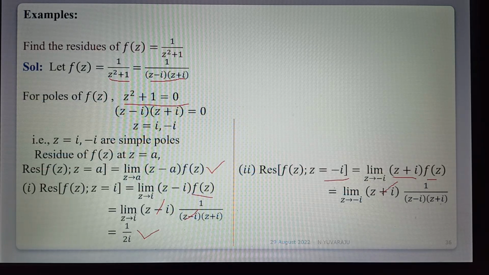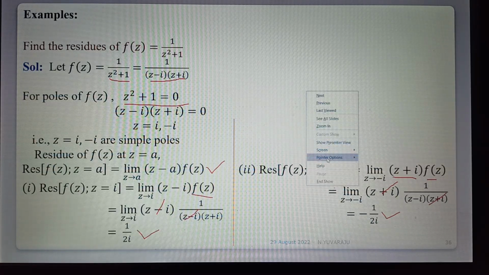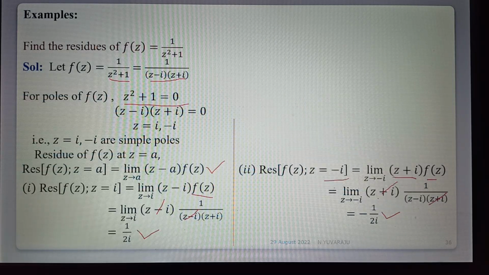Here z plus i cancels, so 1 by (z minus i). Replacing z with minus i gives 1 by minus 2i, that is minus 1 by 2i. This is the residue of the given function f(z) at z equals minus i. This is the first example of finding the residue of the given function.